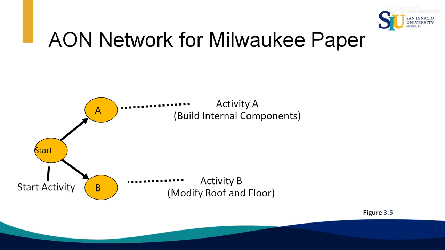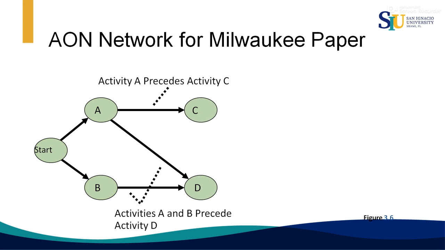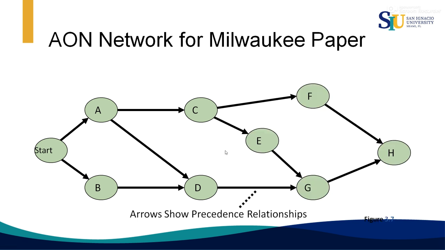Activities A and B don't have precedence relationships, so you start with activities A and B. After that, activity C starts after A, and activity D after A and B have been completed. Then activity E after C, activity G after E and D have been completed, activity F after C, and activity H after F and G have been completed.